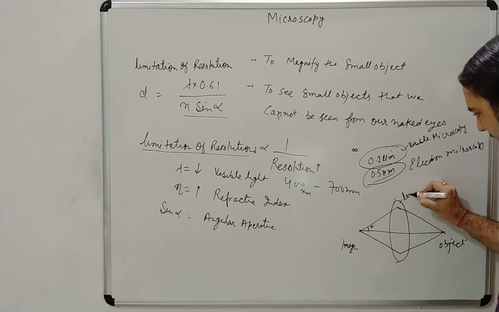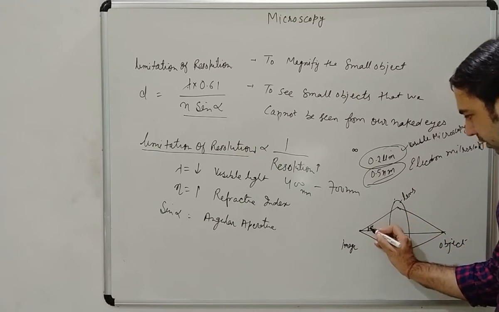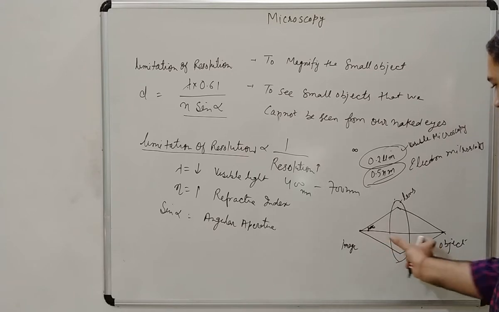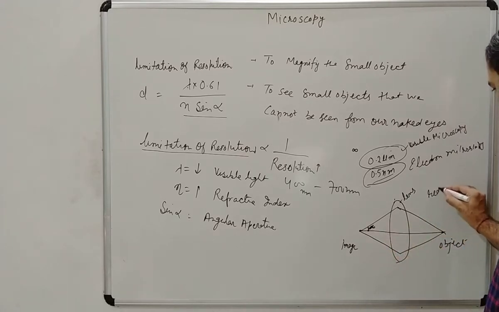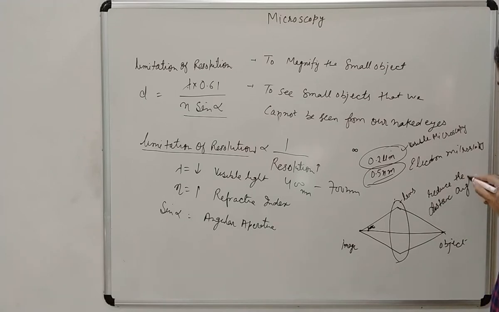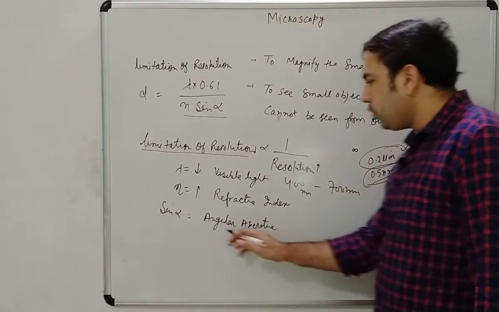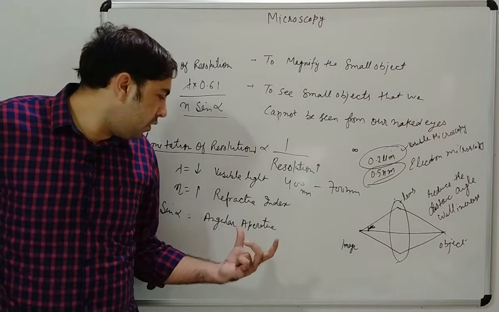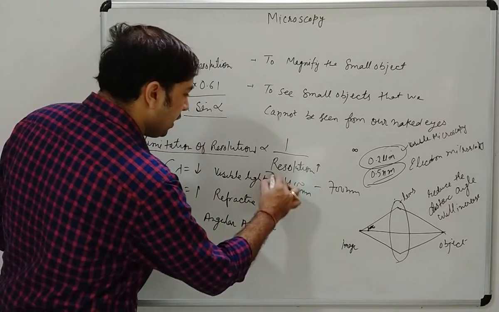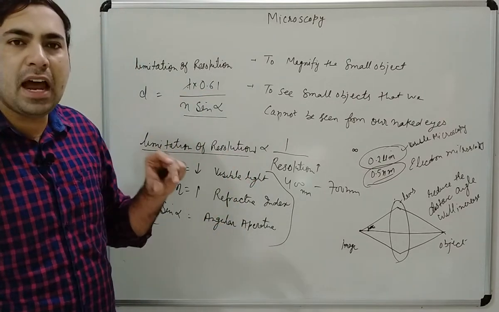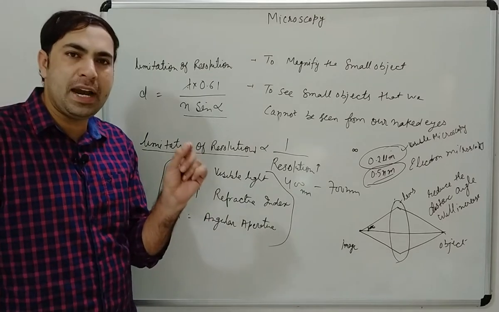This is the lens. You can measure this angle from here. How can you increase or decrease the angle? If you reduce the distance, the angle will increase, and then the numerical aperture value also increases. The numerical aperture value we want is also very high. So these factors can affect the resolution of the system. The two terms are very important: how much you can enlarge, and how much quality, how much distance between two particles you can measure.